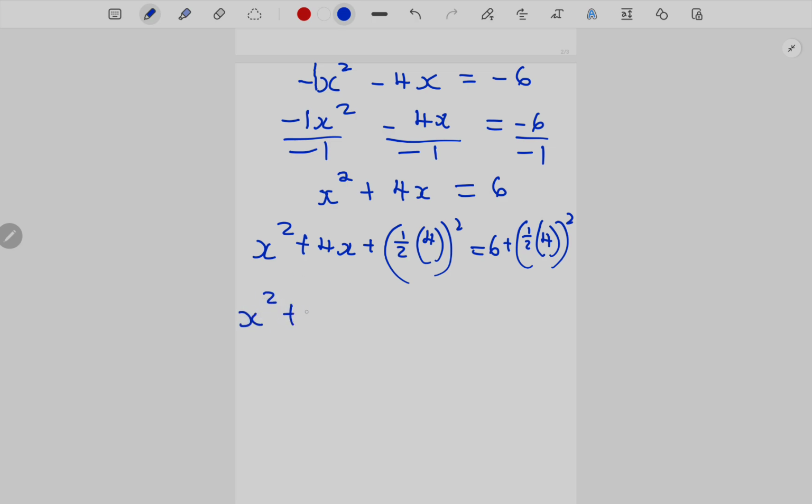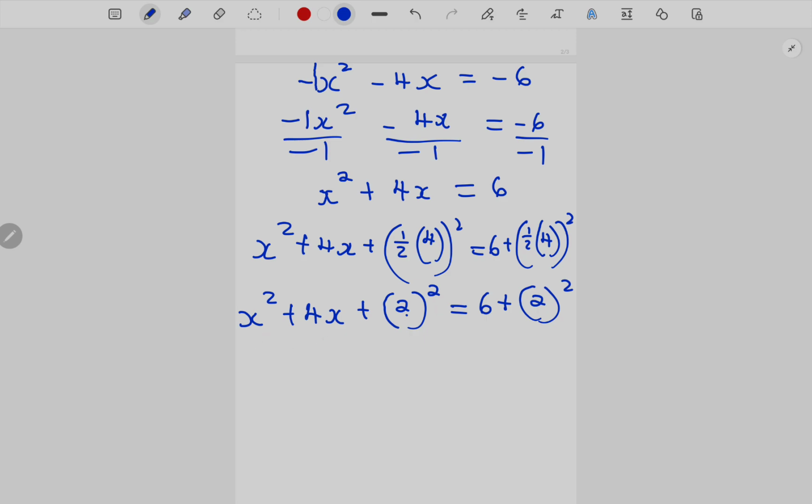We've got x squared plus 4x plus half of 4. To make things easy for you, put it as, half of 4 is 2, then all squared, is equal to 6 plus, bracket, 2 squared. Okay, so this one is a perfect square. 2 squared, you all know that 2 squared is 4.